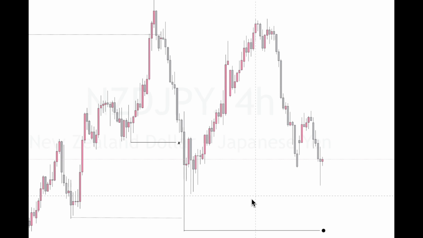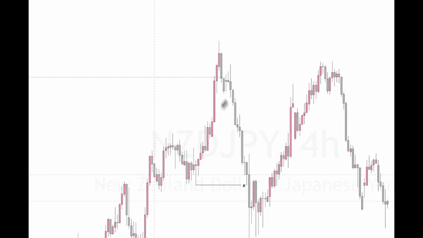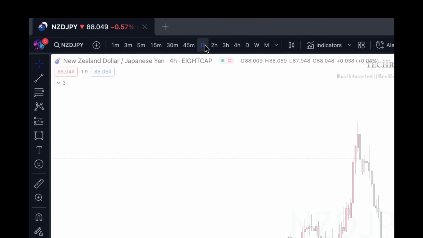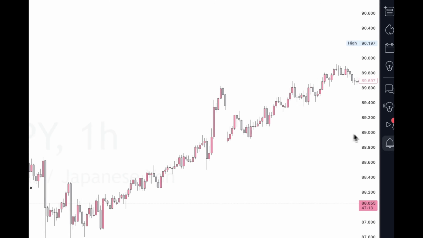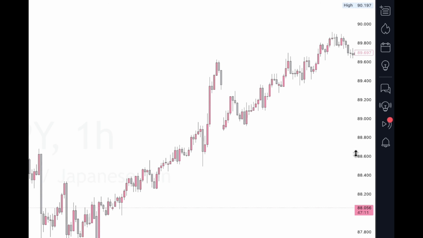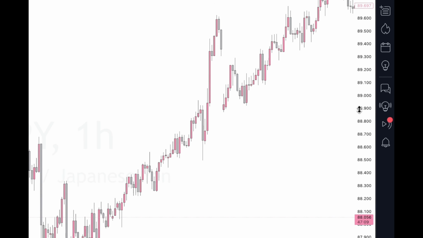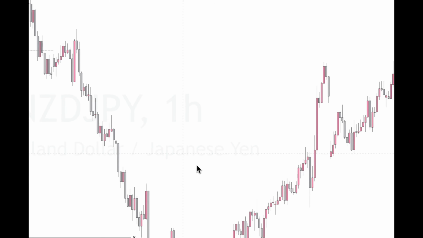So that being said, we are going to look at this particular place. I think I'll come down to the 1-hour time frame to show you something. I talked about inducement the other day, and I said an inducement is not valid unless it has taken a particular level. And you can see this particular place now.